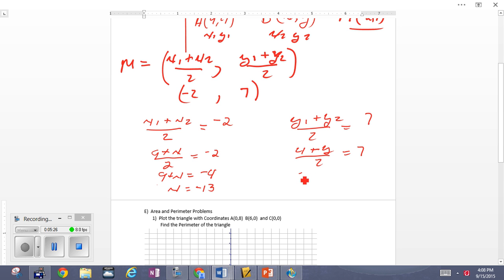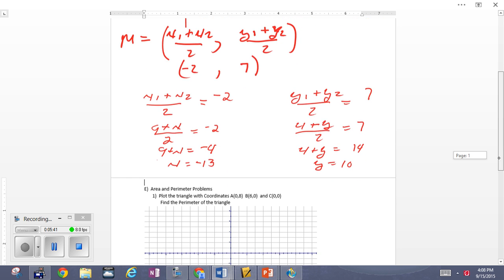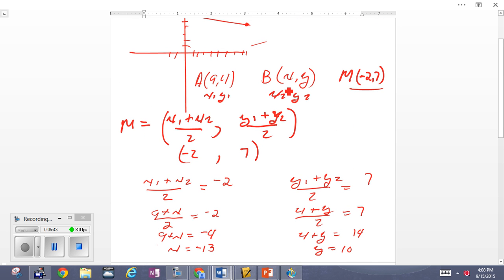Cross multiply gives me 4 plus y is equal to 14, and when I subtract 4, I get y equals 10. So now I have x equals negative 13 and y equals 10. I know now the coordinates of point B: negative 13 comma 10.